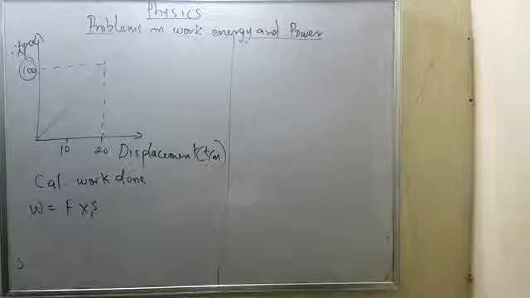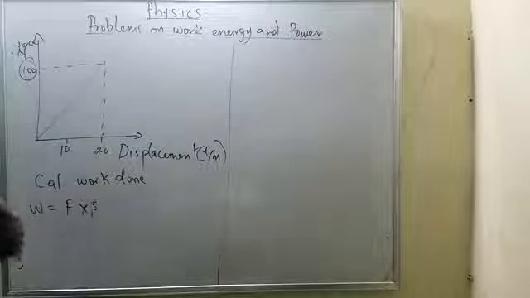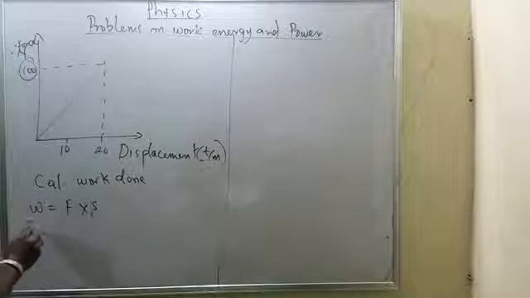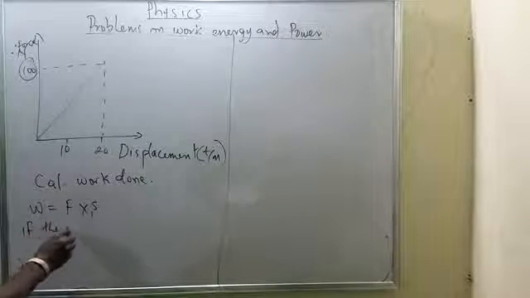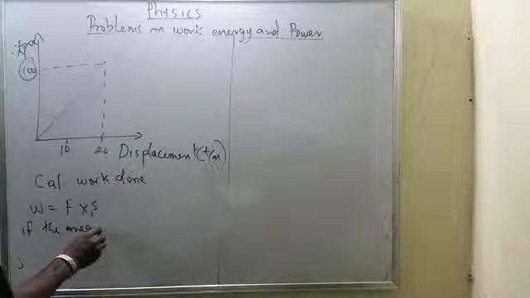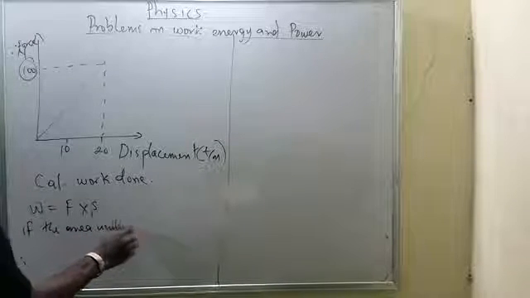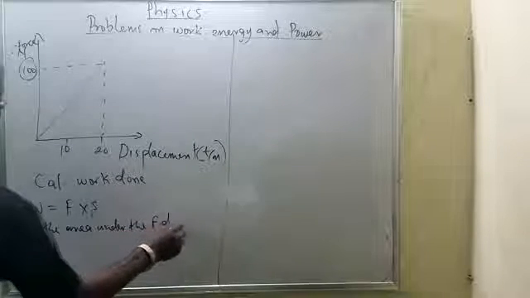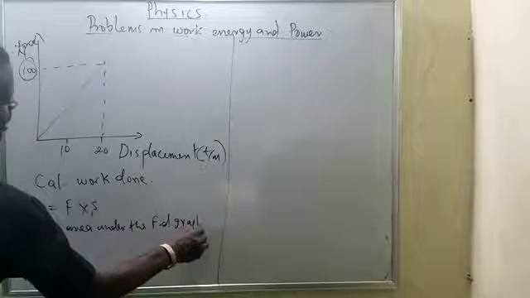Now, what can I do? I must ask myself, what can I do? Okay, we all know that, let me try to solve. If the area under the F displacement graph, please don't mind me, there's no time.